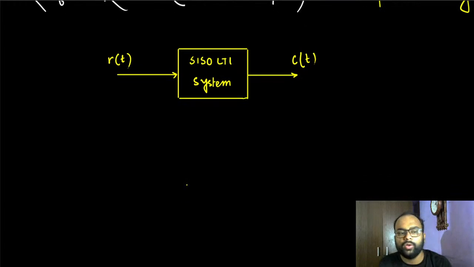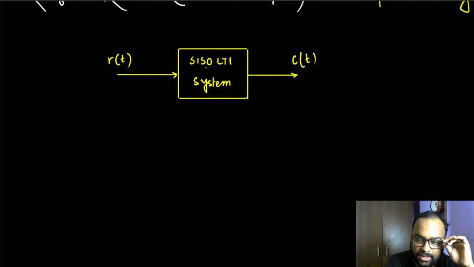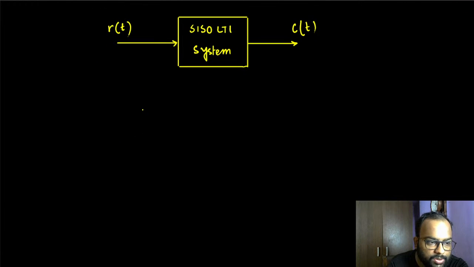Of course, we know that if it's a dynamic system, the relationship between C and R is actually a differential equation. C is the controlled output and R is the input. Let's say the differential equation looks like this.